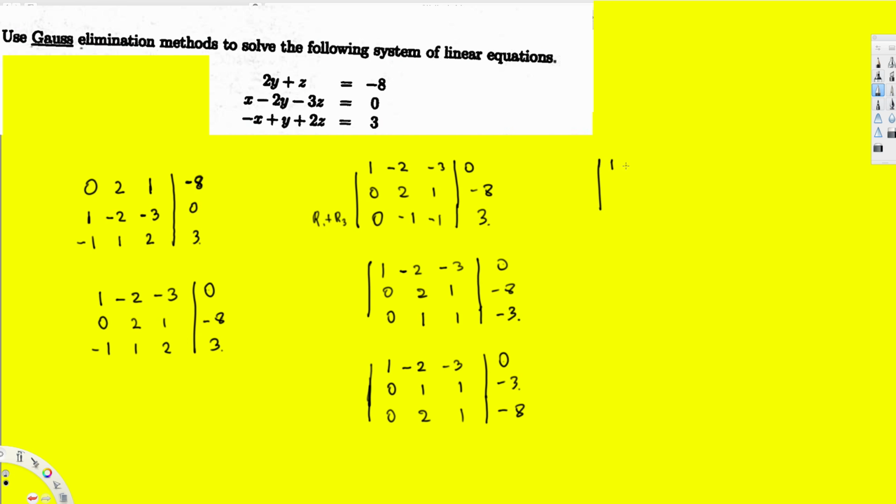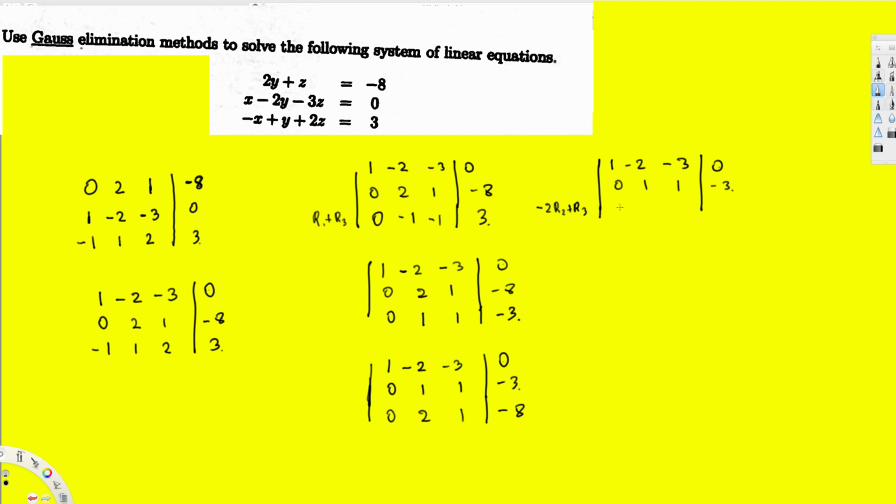This will be 1, minus 2, minus 3, 0. The second equation is going to be itself, so 0, 1, 1, minus 3. If I want to make this one 0, I have to multiply the second equation by negative 2. So it's going to be negative 2 R2 plus R3.